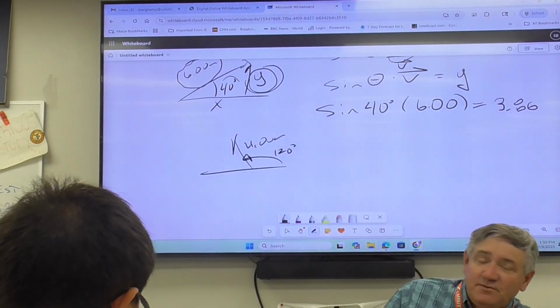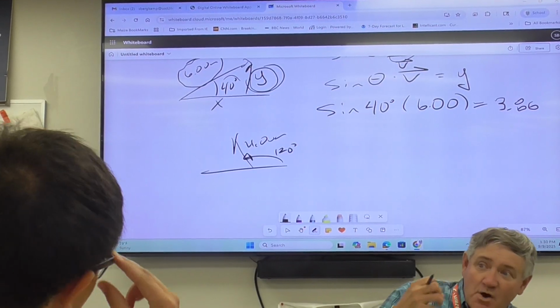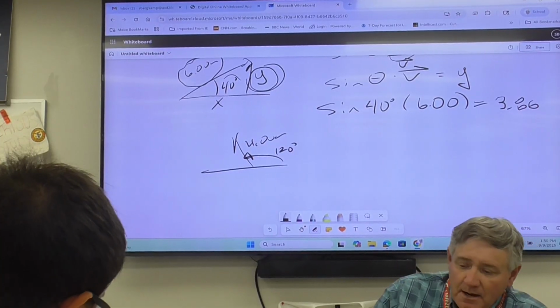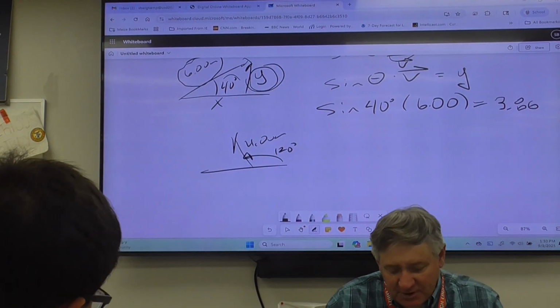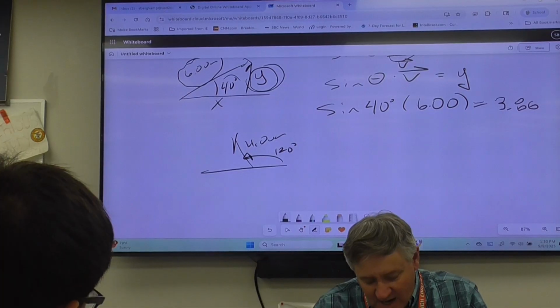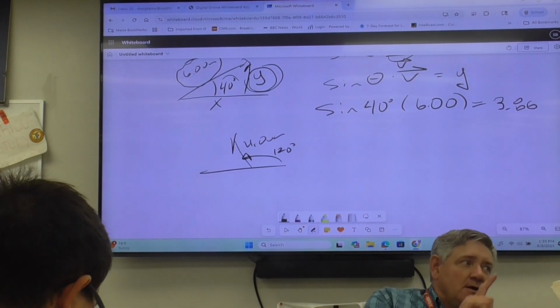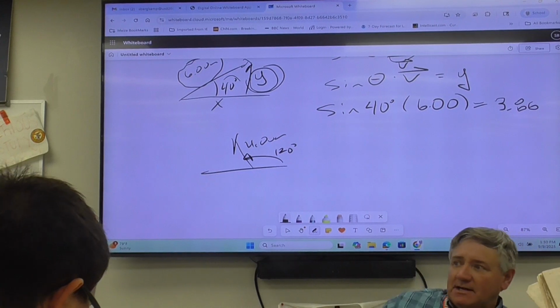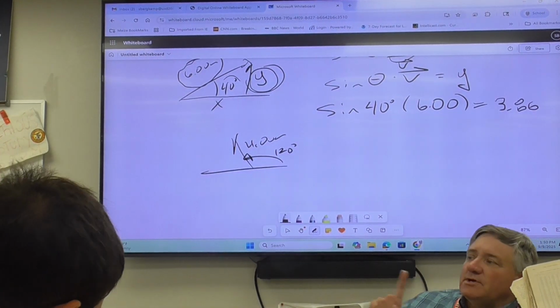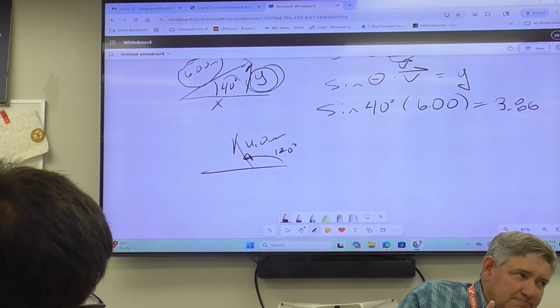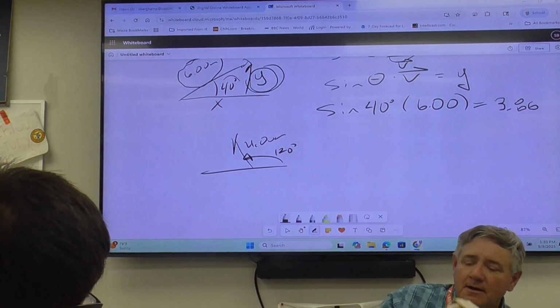Again, you have to view this from my perspective on how I learned how to think through this process. This table of trig functions did not go to 120, okay? The table stopped at 90. I could not look up 120 degrees if I tried. Did not go there. Stopped at 90.